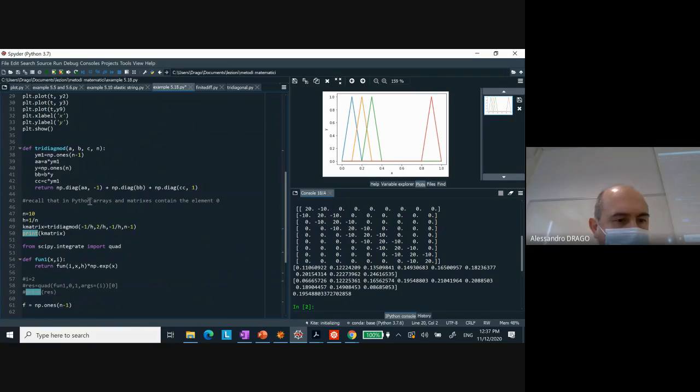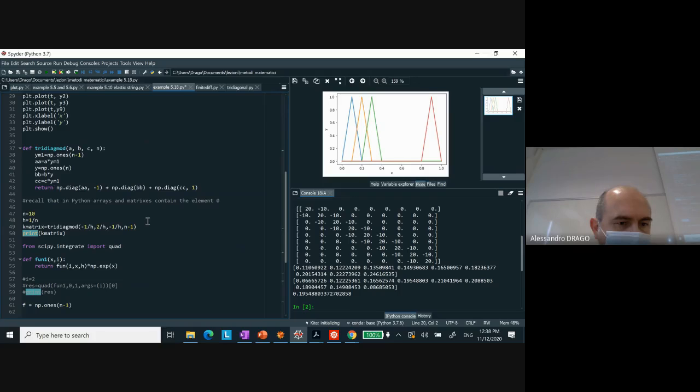In our specific case, we want n equal to 10, where n is the number of subintervals, and therefore h is 1 over n, and therefore our K matrix is this object here. Because you recall that it is three-diagonal. On the diagonal, it was 2 over h. On the diagonals with offset -1 or +1, it was -1 over h, -1 over h.